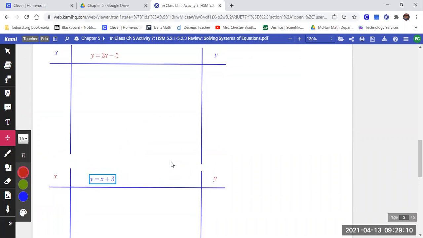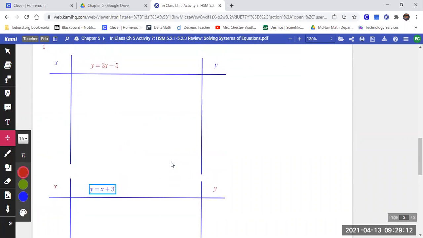All right, so do I have fractions? Do either one of my equations have fractions? No. So if they don't have fractions, what are our numbers that we use?